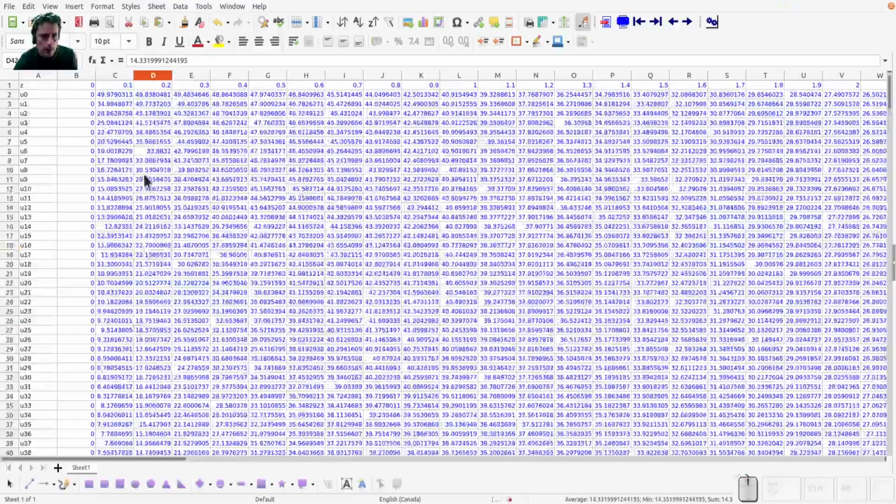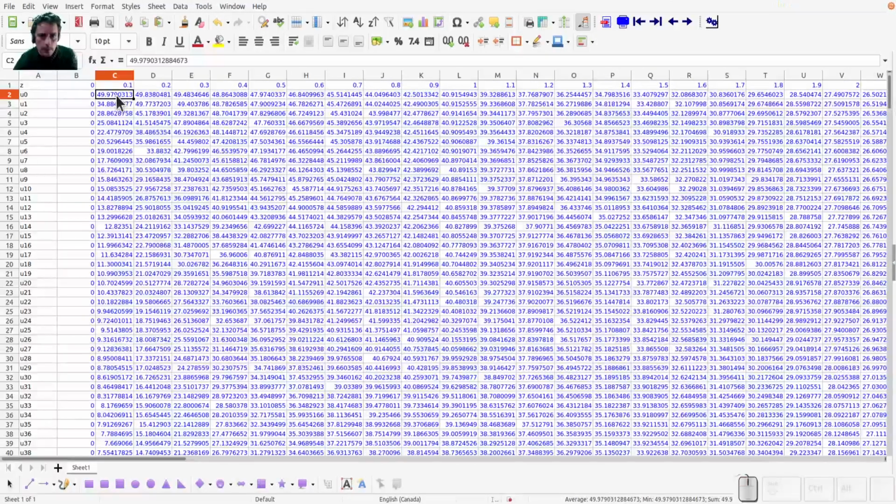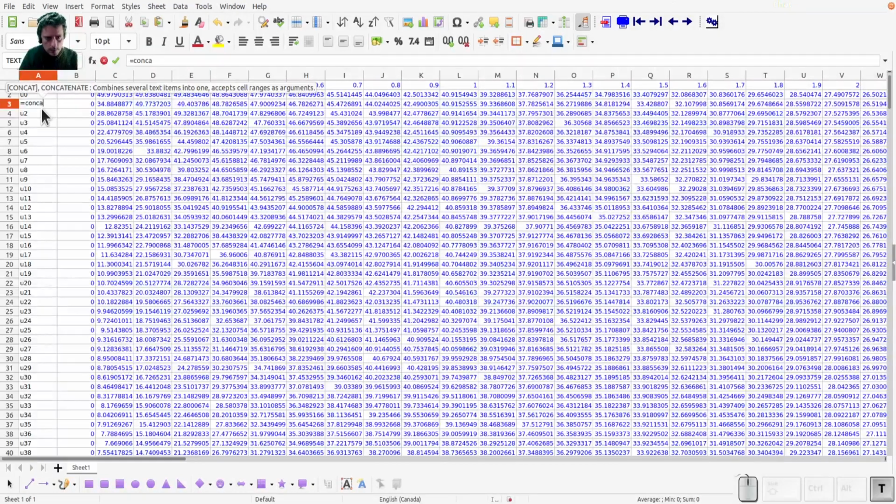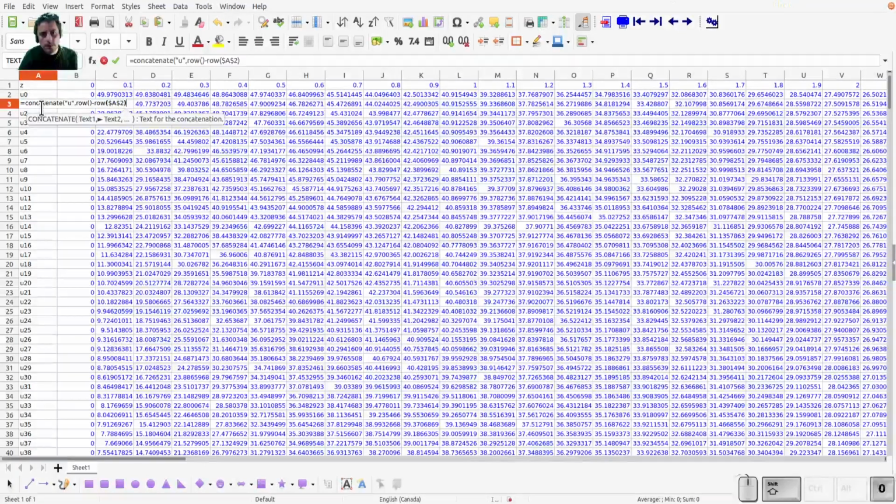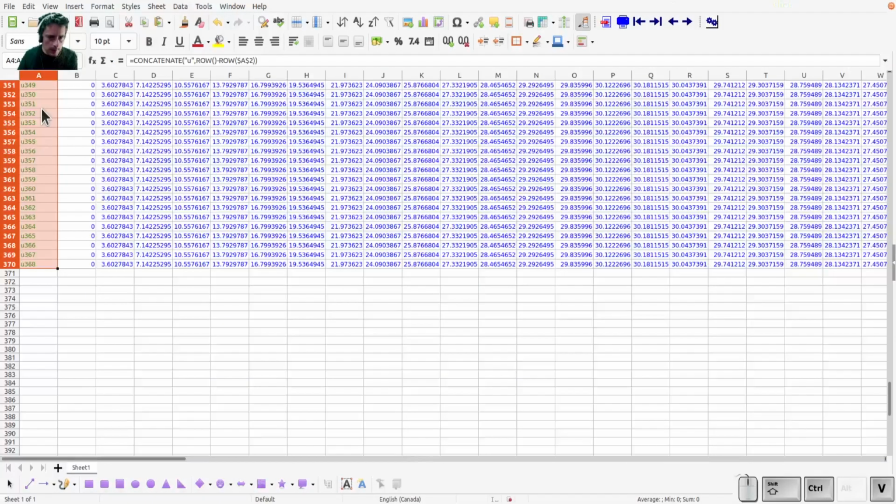Okay, and I will have to redo these calculations except for the first row. So this is row minus row A2. Okay, so that gives us the name of our formulas.